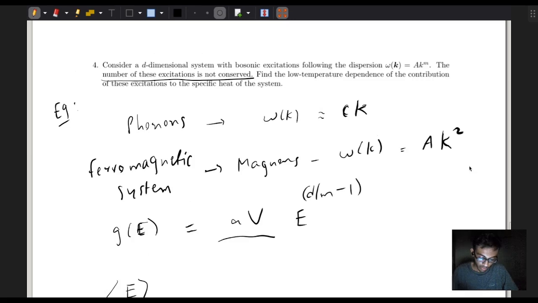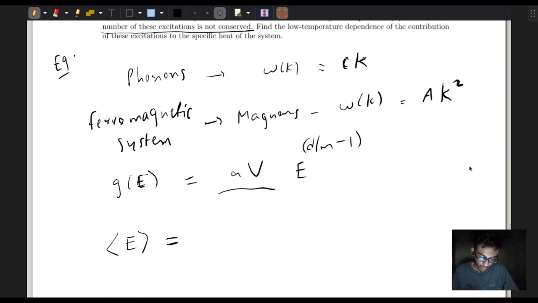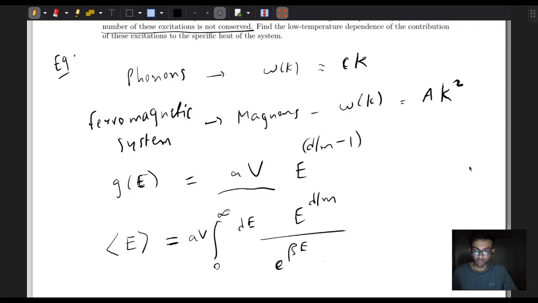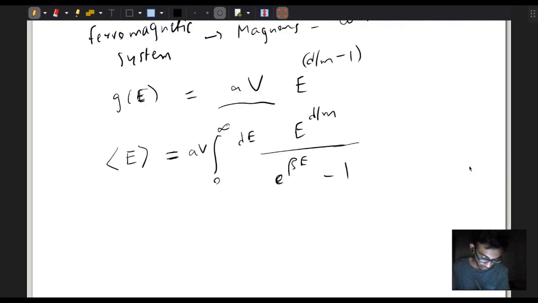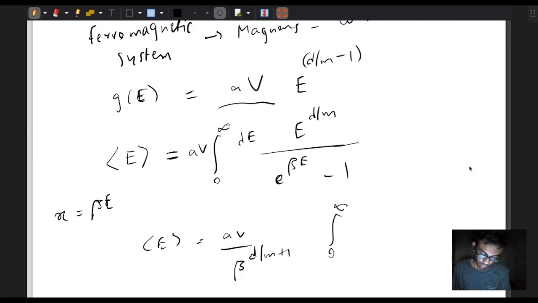then is going to be, okay, and the energy is equal to this.